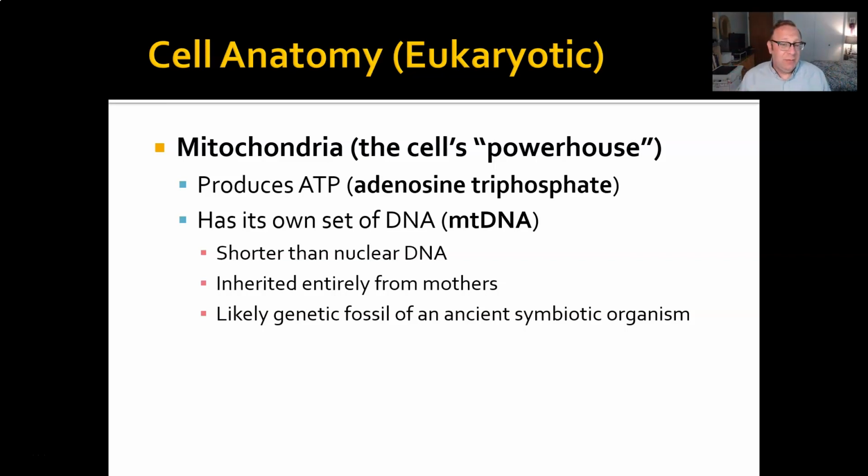Okay? Interestingly, it's not the only time this has happened. We think this is how chloroplasts show up in plant cells. It's kind of interesting that that kind of symbiotic relationship happened more than once in evolutionary history. And so we have these molecular fossils in our cells, cellular fossils.